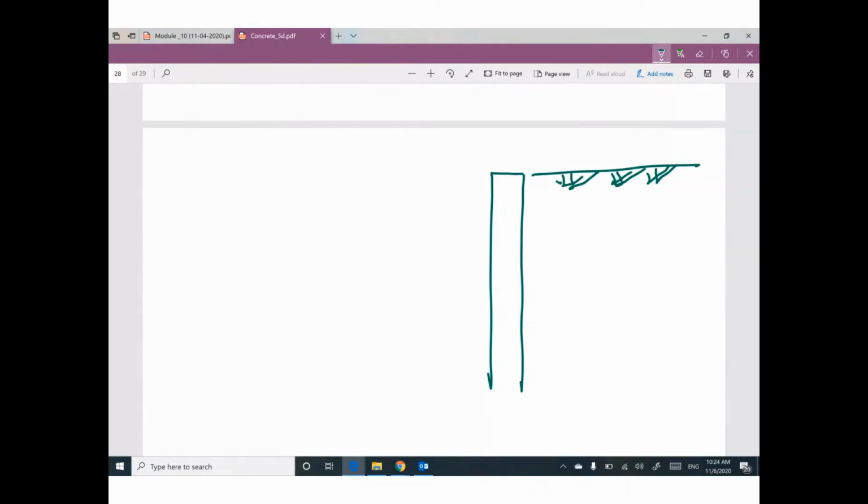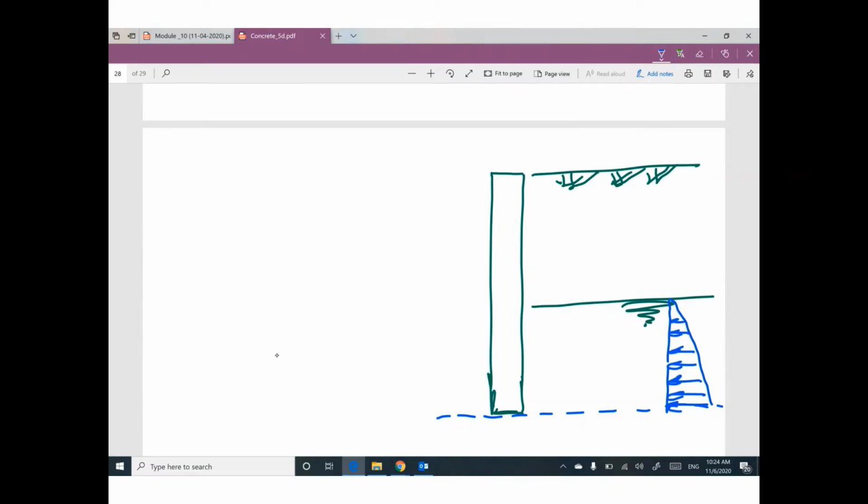Make sure if you have a water table, the first step, this water will make alone a triangle lateral pressure. This value is gamma water times H water. Which H? This H only. I'm talking about the height of water.